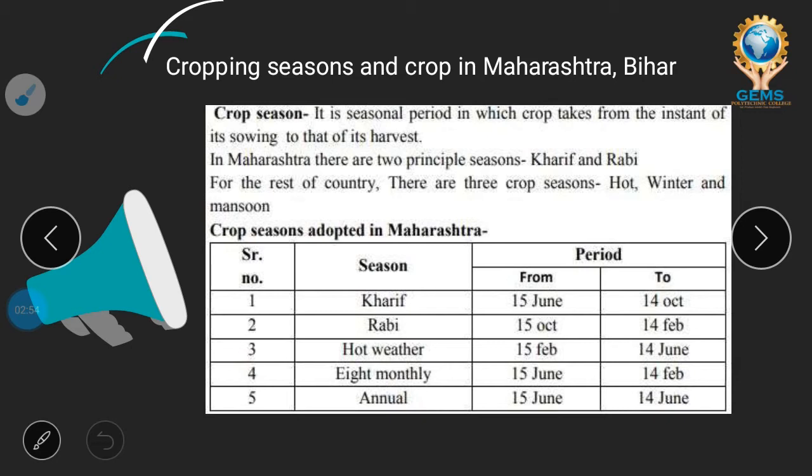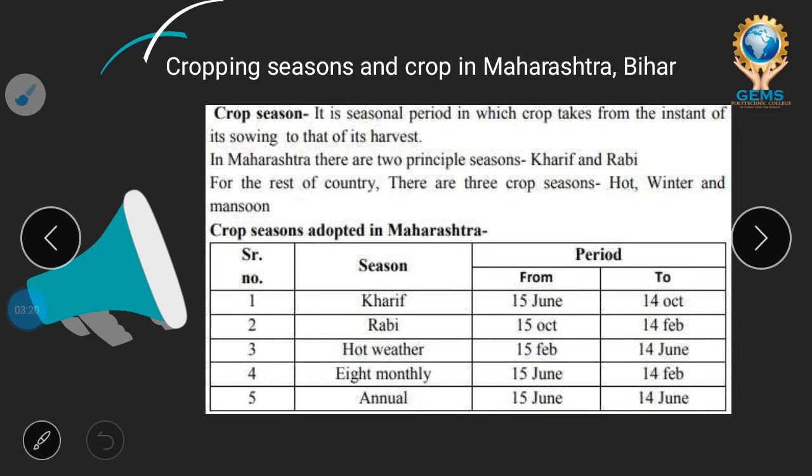We grow paddy, that is rice, and in Rabi season we grow wheat. But if you go down south, the season is only humid, so only the Kharif season is suited in the south, in Tamil Nadu areas. But if you go up north like Punjab, Haryana, then MP, UP, Bihar, this area is suited for both types of cultivation.